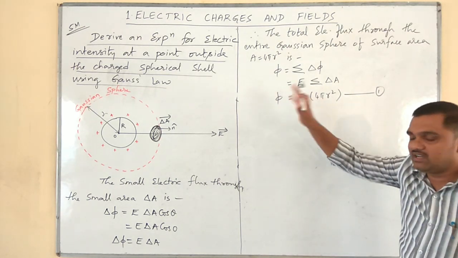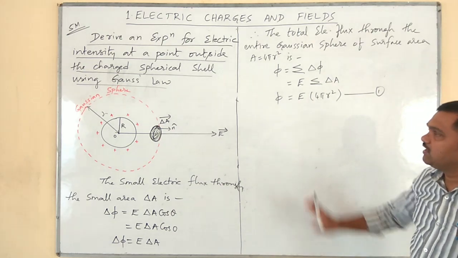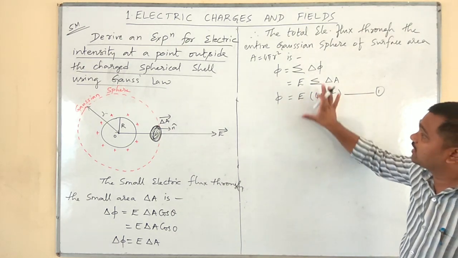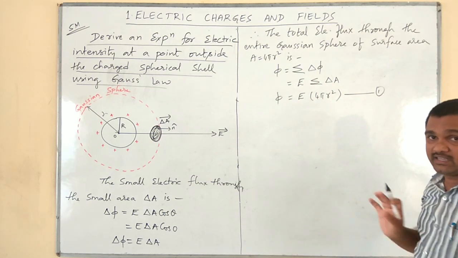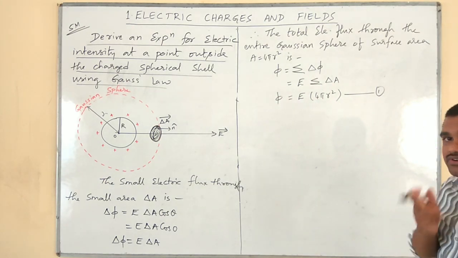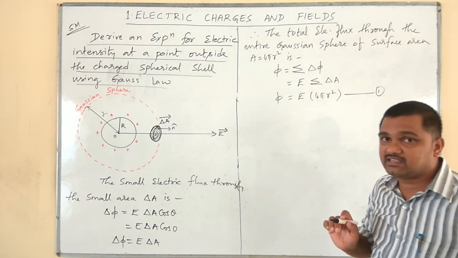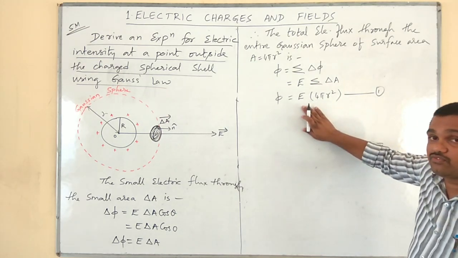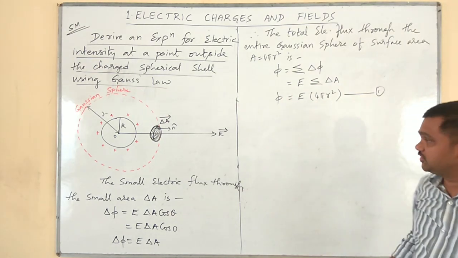Anyhow, we have followed the second rule of Gauss. That is, we have calculated the total electric flux through the entire Gaussian sphere. So we are left with only the third rule, which says that we have to compare this total flux with the actual Gauss equation.